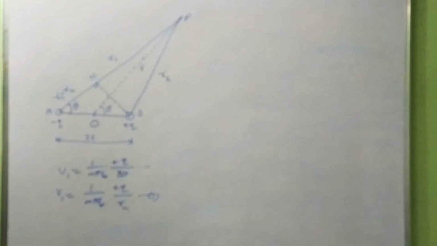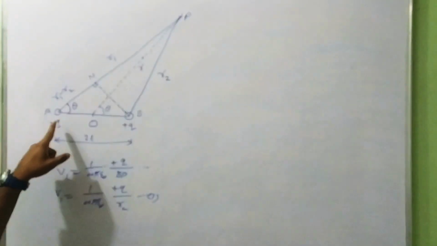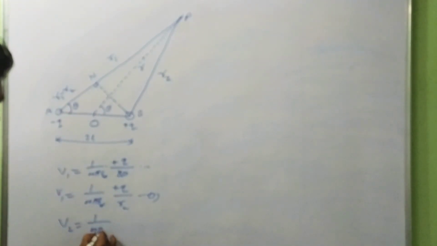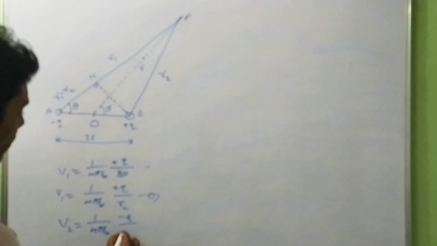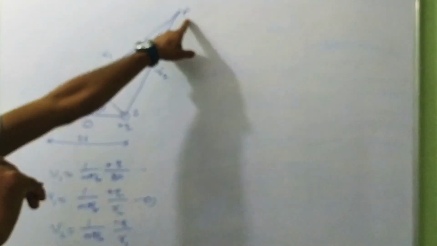Now the electric potential at point P due to the minus Q charge will be V2 equal to 1 upon 4 pi epsilon naught, minus Q upon R1, the distance of P from A, which is R1.